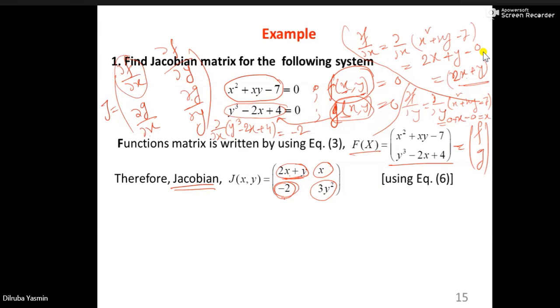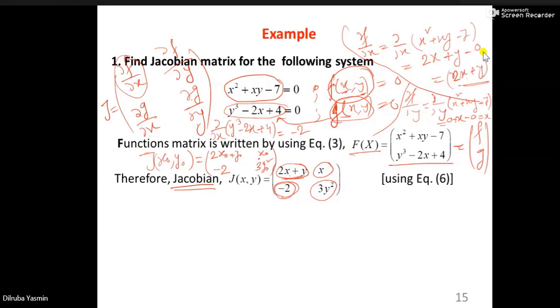So when you have the Jacobian matrix, you can easily find the Jacobian matrix at the initial point. Suppose Jacobian of x naught y naught. So what do we get? 2 times x naught plus y naught, minus 2, then x naught, then 3 times y naught square, isn't it? This is the Jacobian matrix at a specific point.